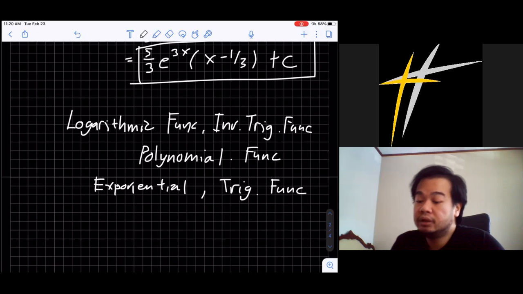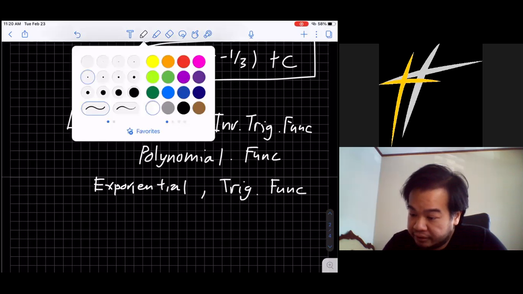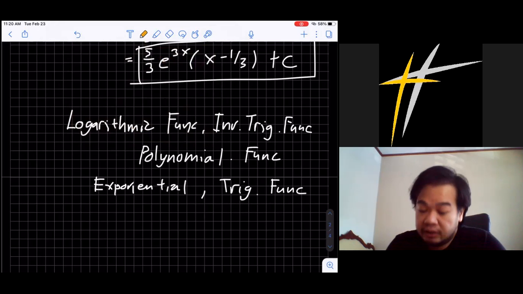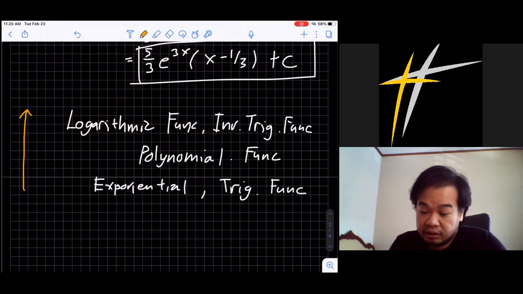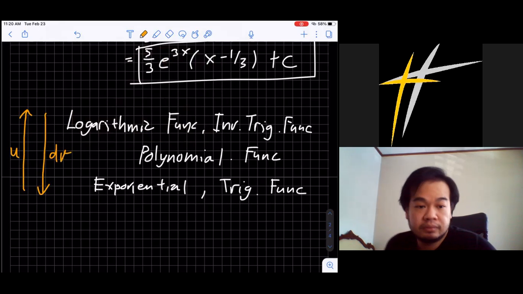Okay. So the way you choose u and dv, you follow this level, this criteria. The higher the function, it becomes the u. The lower the function, it becomes more the dv.